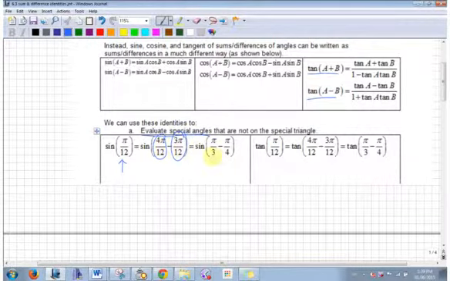Okay, well that's pi over 3, and that's pi over 4. And do we remember what sine pi over 3 is? That's going to be a 1, that's going to be a 2, so that will be a root 3. That's 60, that's 30, otherwise known as pi over 3, pi over 6.